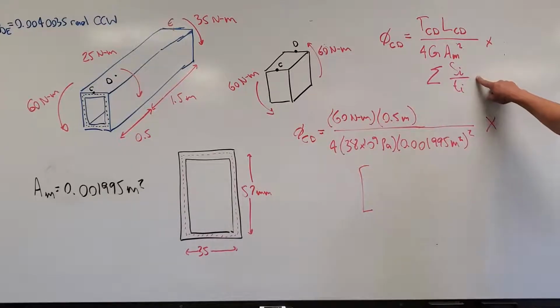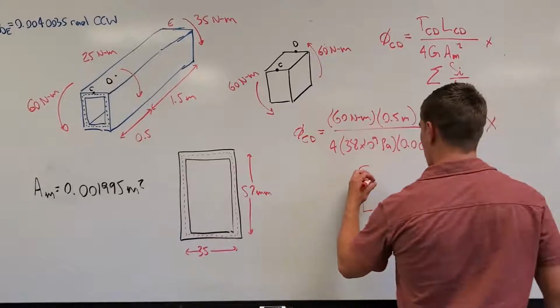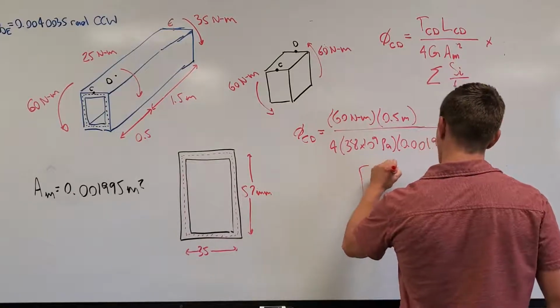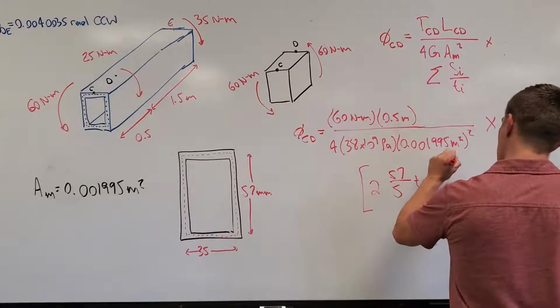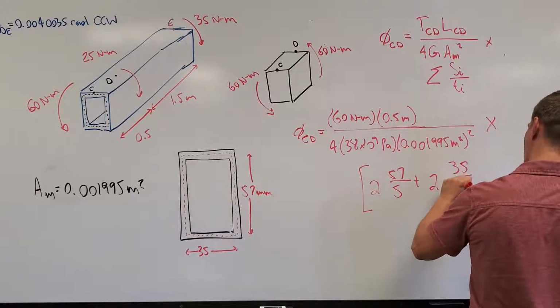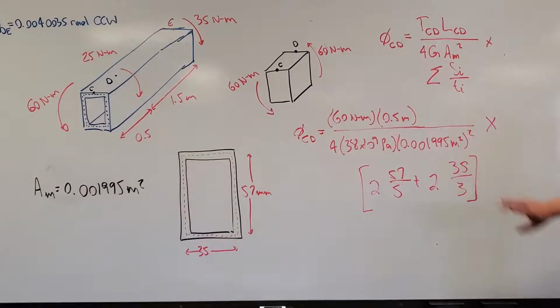The cross section hasn't changed along the length of the shaft, so we use the exact same summation that we used before: 2 times 57 over 5 plus 2 times 35 over 3. Those are all just numbers.